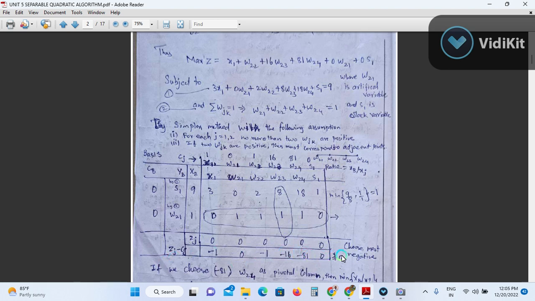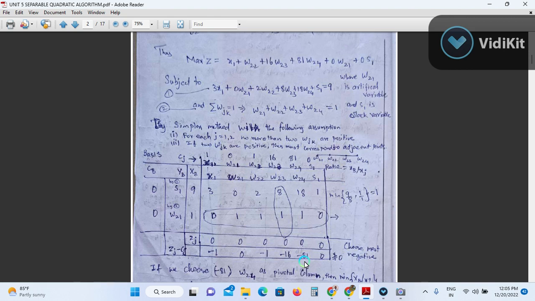Now the natural question is, in the simplex method, when can I stop the table? When we get zj minus cj all positive. But here that is not the case, because 3 negative values appear. So the next step is to choose the pivotal column. How do you choose it?